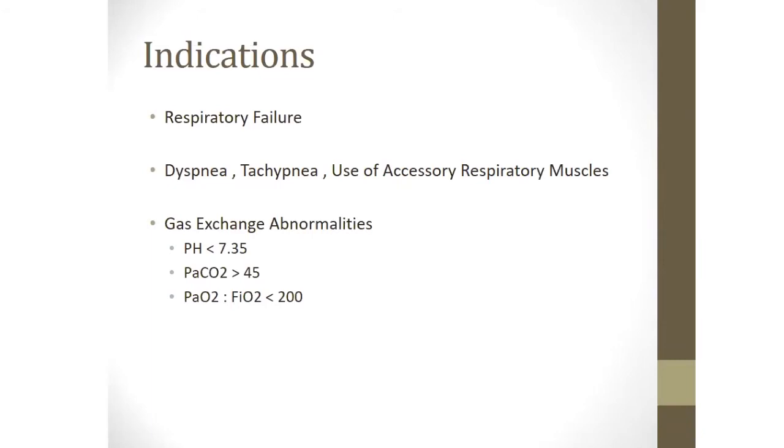For example, the patient has dyspnea, tachypnea, uses accessory respiratory muscles, and has gas exchange abnormalities. For BiPAP, pH should be less than 7.35 and PaCO2 more than 45, and the PaO2/FiO2 ratio is less than 200, and the patient is cooperative, we can reduce the risk of intubation and use BiPAP in this type of patient.